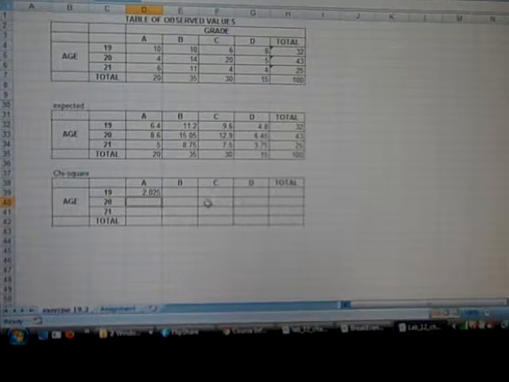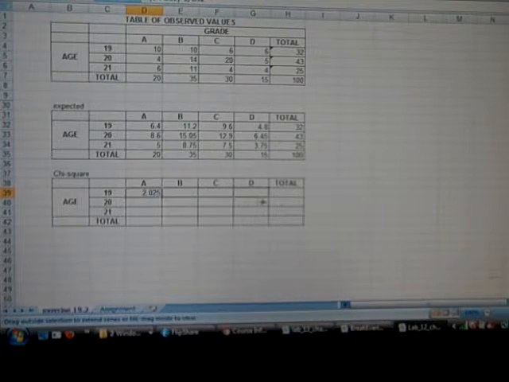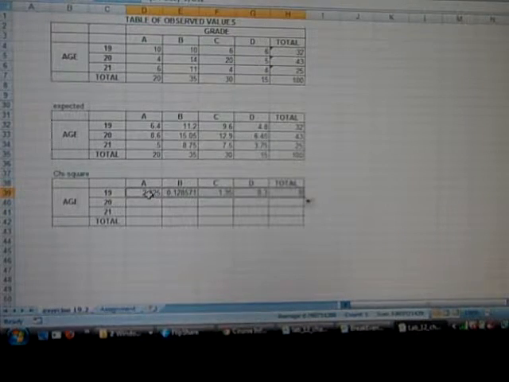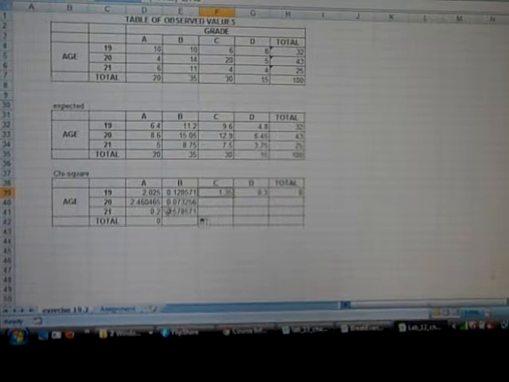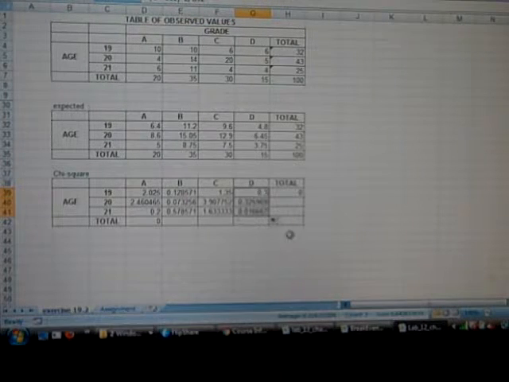Okay, so now you have these values, so then you can just do the same as you did right here. Pull this down and pull this down, and don't even worry about the totals. These totals really don't matter. As you can see, it's not even relevant.